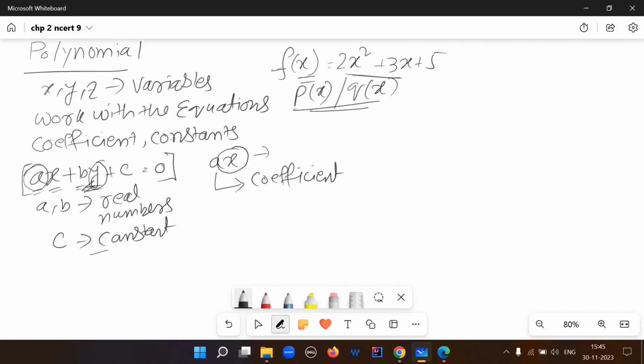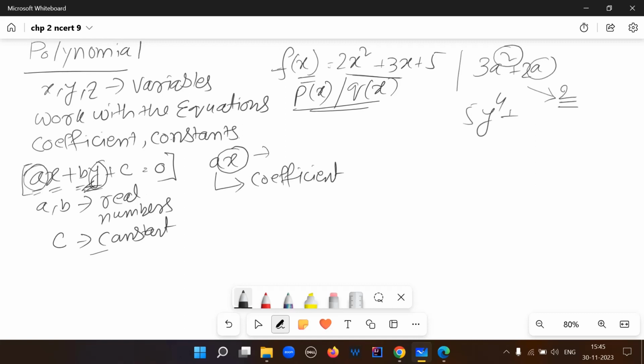So there are a few concepts like zeroth degree polynomial, degree, constant, these terms. Degree means the highest power. If I write 3a square plus 2a, a is the variable and 2 is its highest power, so its degree will be 2.